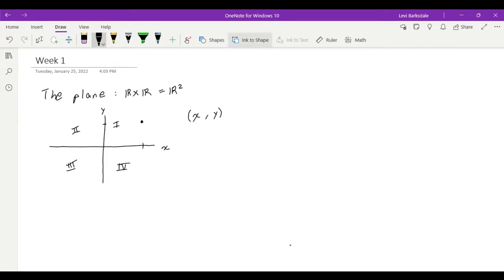Now let's kind of expand this to a new space. This space is 3 dimensions rather than 2. And correspondingly, we're going to call it R3. So whereas the plane has simply an x-axis and a y-axis, space has 3 axes.